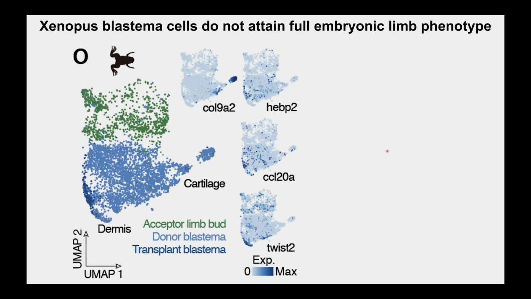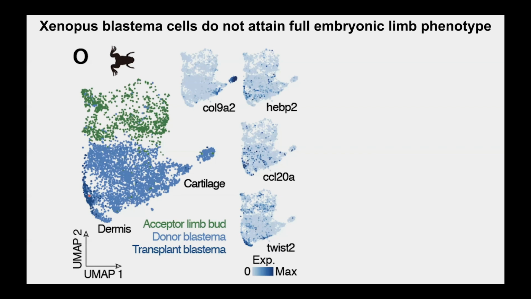And you can see here, marked in green are the acceptor limb bud cells, so the host. And then in light blue are the donor blastema cells without transplantation. And in dark blue are the transplanted blastema cells after transplantation, when they're together with these limb bud cells.